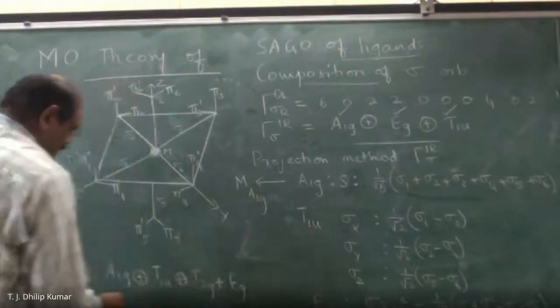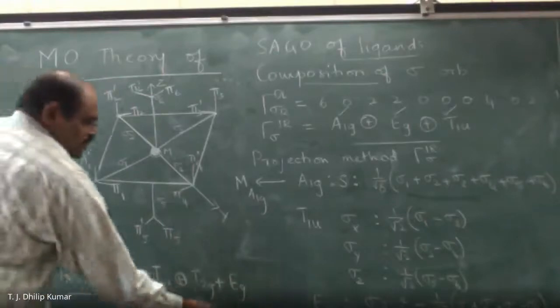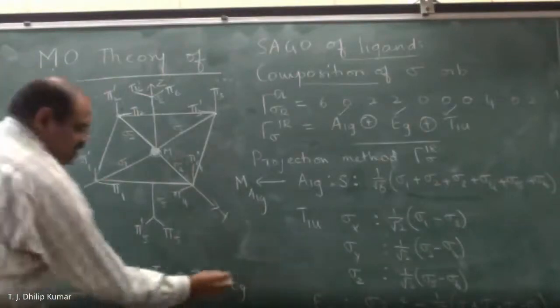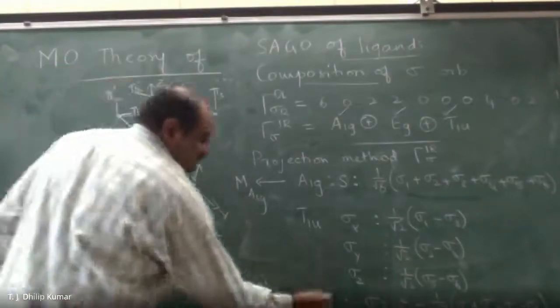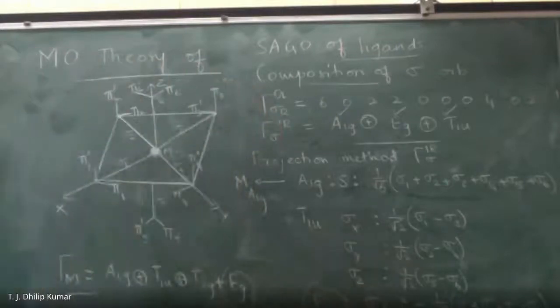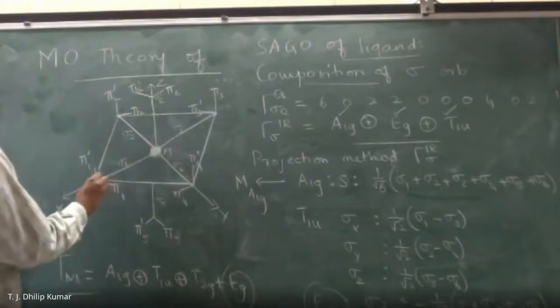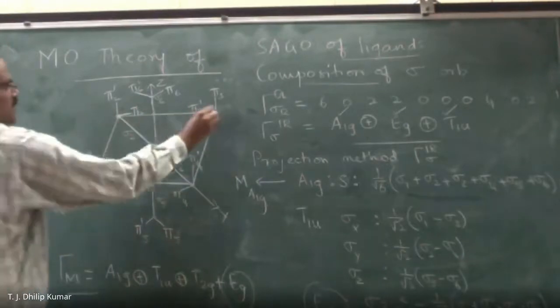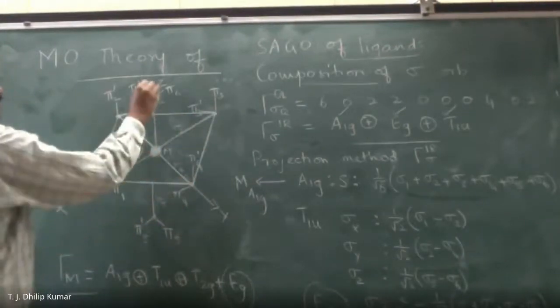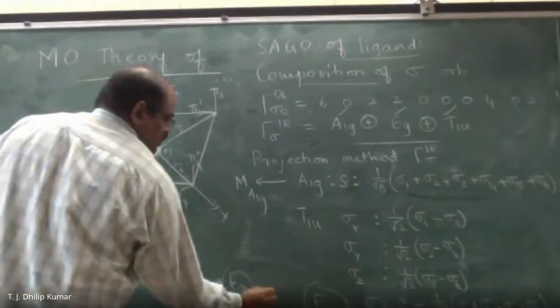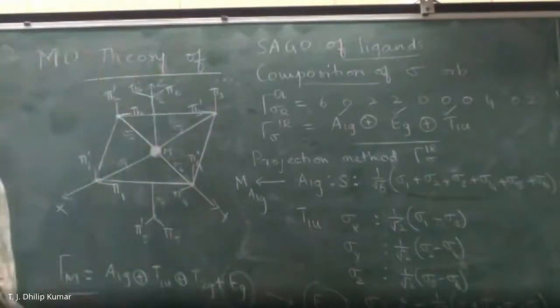So this is the metal orbitals we listed in the beginning. It also has Eg orbitals. So the Eg of the metal overlaps with the Eg of the sigma ligand orbitals. So they just correlate.